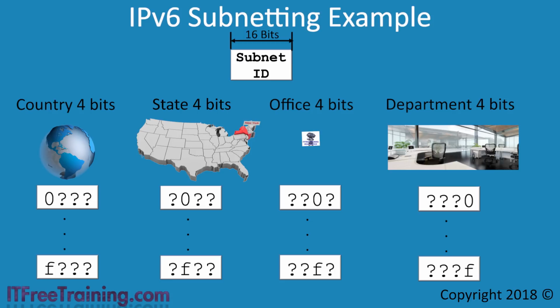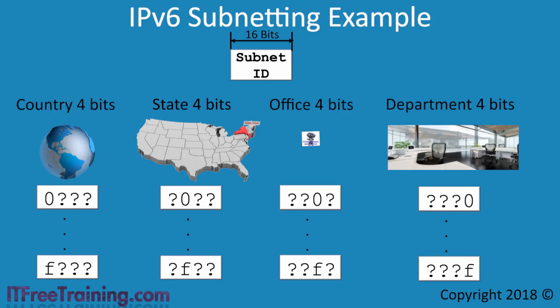So this network will support 16 countries, which can have 16 states, which can have 16 offices, and each office can have 16 departments. The point to understand here is that if you align the subnets with 4-bit boundaries, the subnetting is very easy. I could have also used 8 bits.